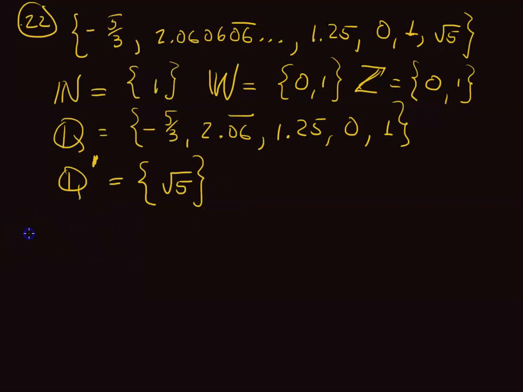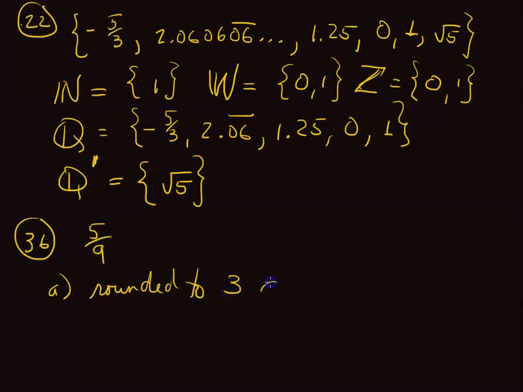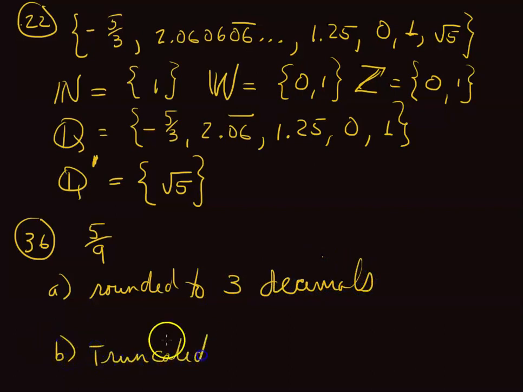Number 36. They want 5/9, and they want it rounded to 3 decimals. And they want it truncated to 3 decimals. So first of all, what is 5/9 as a decimal?